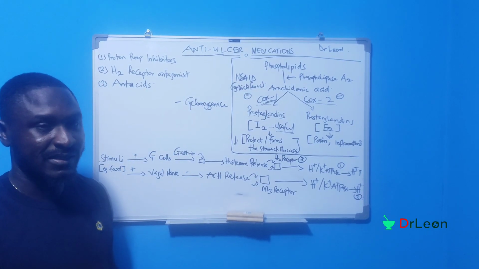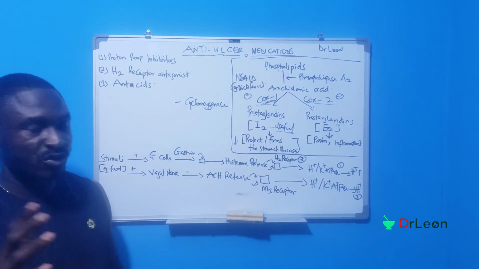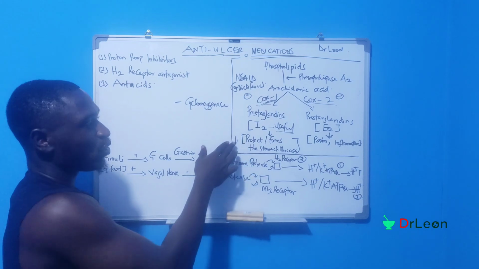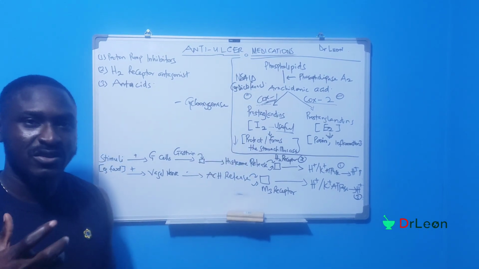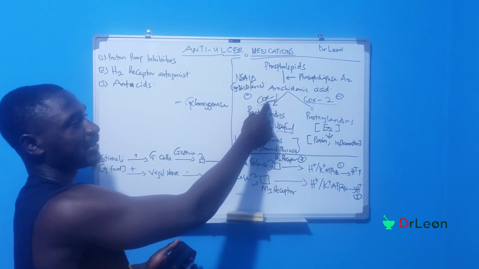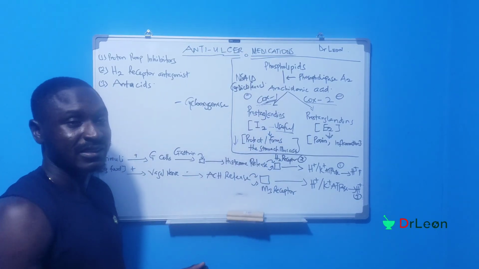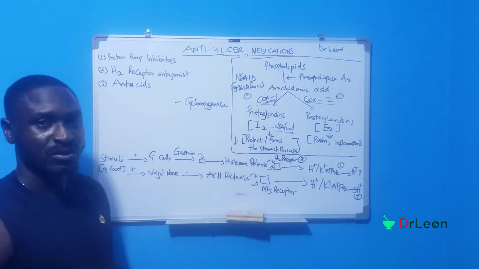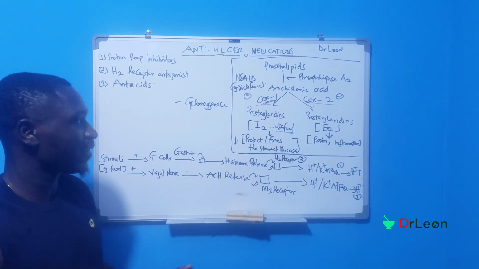Do you get it? So your diclofenac will treat the pain by blocking this enzyme, but at the same time will also increase your risk of getting ulcer, because it is blocking this enzyme, which is also preventing the production of a useful prostaglandin, I2. Do you get it? Very good.